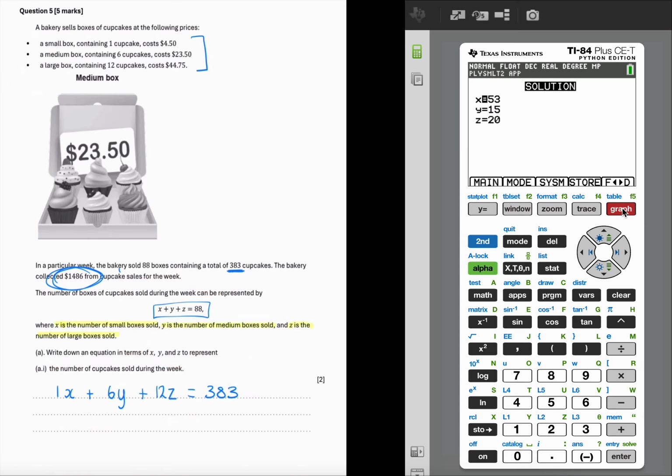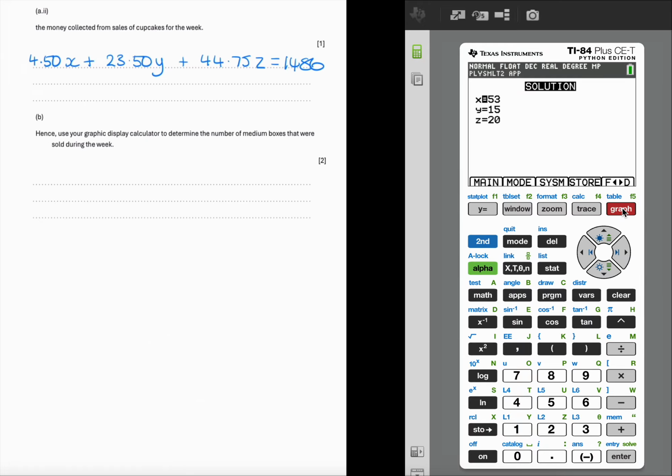So we're now going to solve this, and we can see that x is equal to 53, y is equal to 15, and z is equal to 20. So that means I sold 53 small boxes, 15 medium, and 20 larger. And the question is, how many medium boxes did I sell? And therefore the answer is 15.